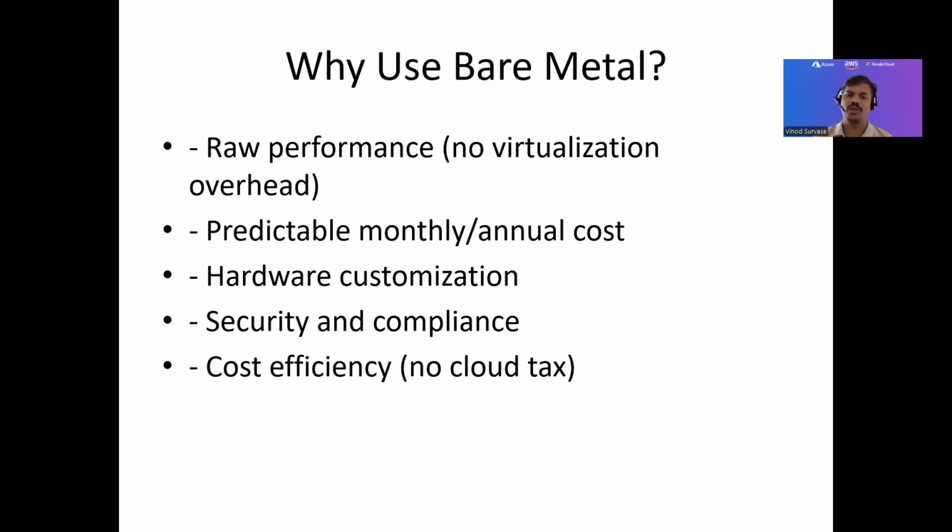If we don't have that layer, we get the raw performance of the system, and that is better than a virtual system, provided the underlying hardware is capable enough to handle that workload.